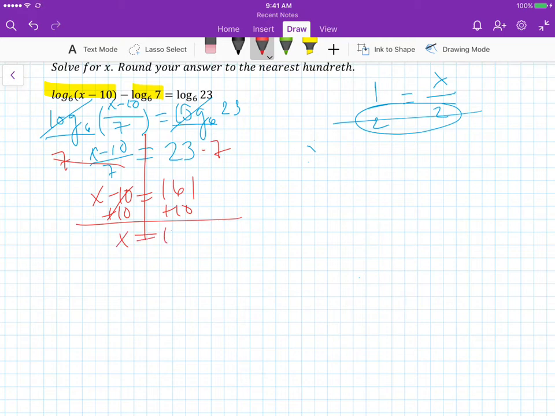And x equals 171. Done. Not bad. Basically what I did was I made sure that if I could combine anything using our rules in the beginning, I did, and then I just tried to solve like a normal equation. If I have 2 sides saying log base 6 or log base anything that match up on both sides, then I can drop them.